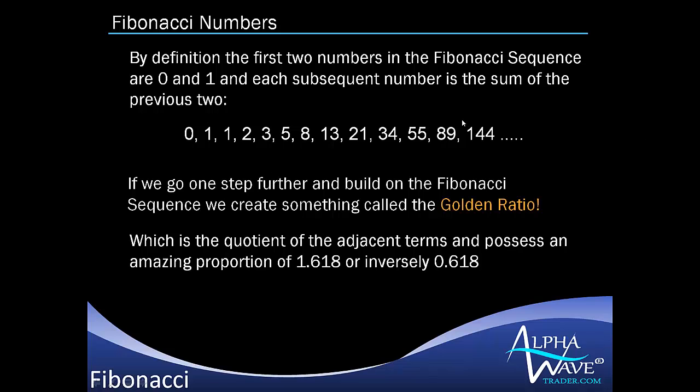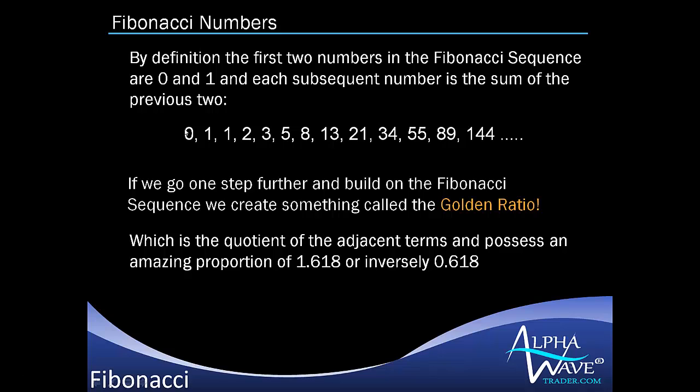Here's an example of Fibonacci numbers. And this is what creates symmetry in absolutely everything, even when you look in the mirror and even when you see the human body. These are the numbers that create the exact same sequence in price moves. And this is what's called the golden ratio.